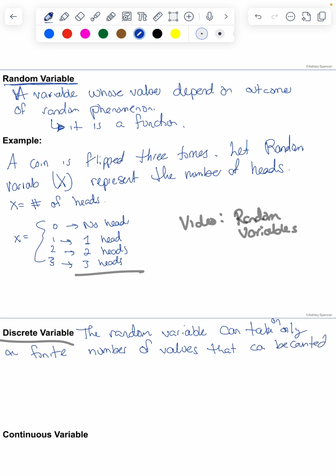So an example of that is the number of phone calls made by a telemarketer. There's a finite number of phone calls that can be made. They can't just be making infinite phone calls. These can be placed into a discrete probability distribution. So discrete variables, which are finite, can be placed into a discrete probability distribution table.